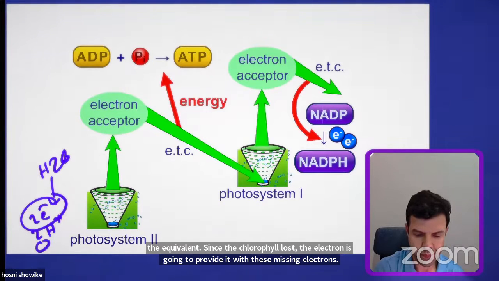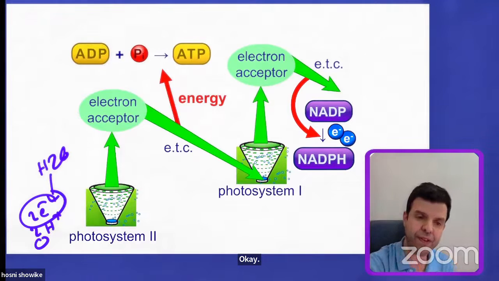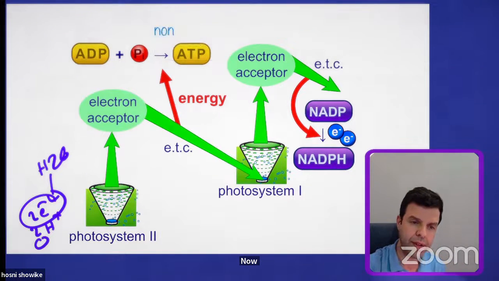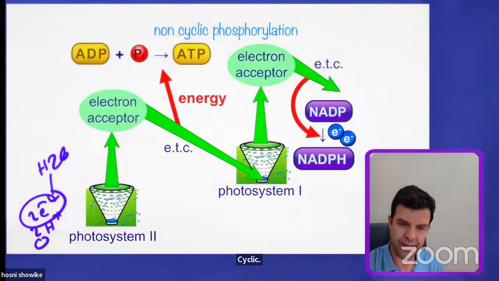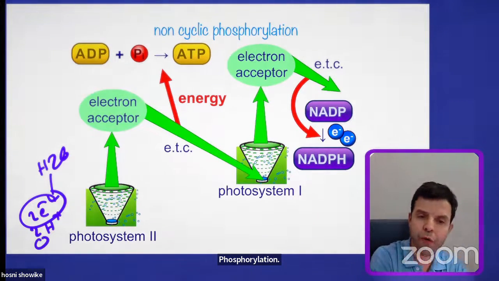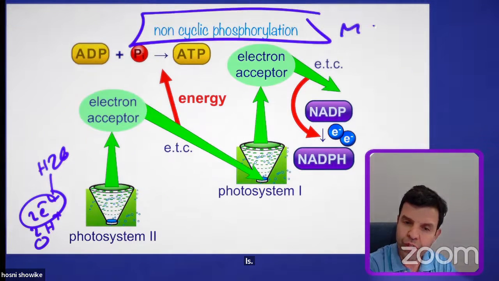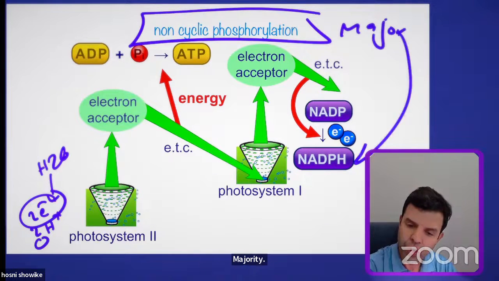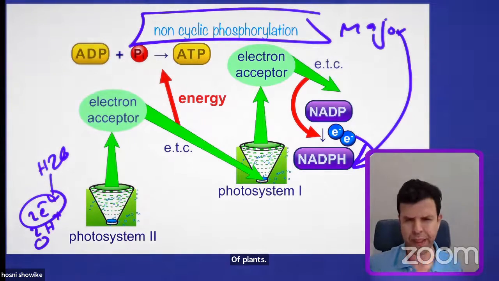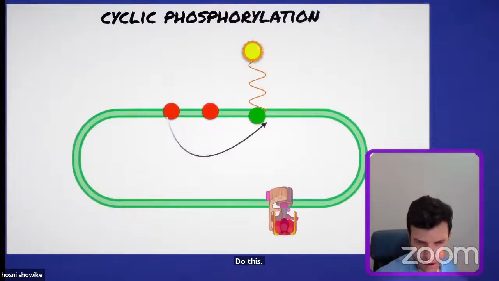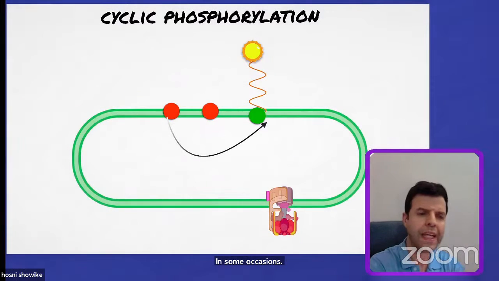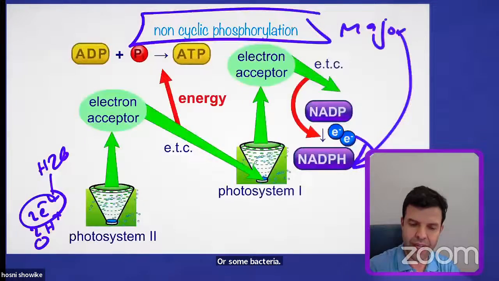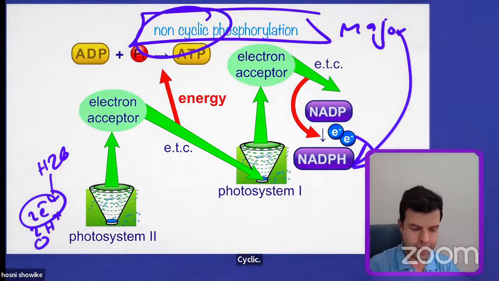Okay? Now, this is the major, this what we call non-cyclic phosphorylation is the major type of photosynthesis. Majority of plants do this, okay? Some plants, in some occasions, or some bacteria, do what we call cyclic. So again, this is called non-cyclic. Why is it non-cyclic?